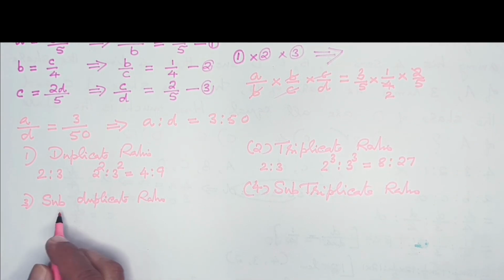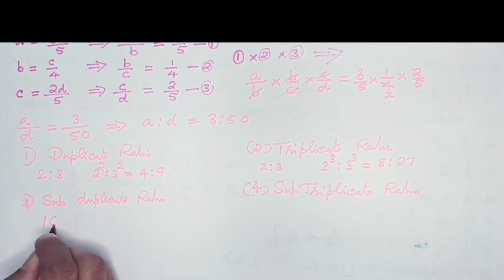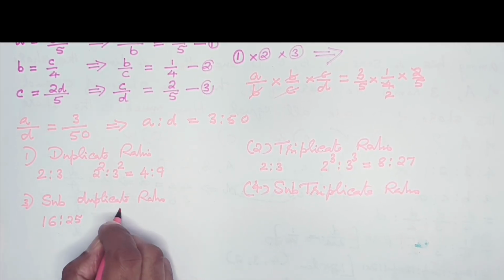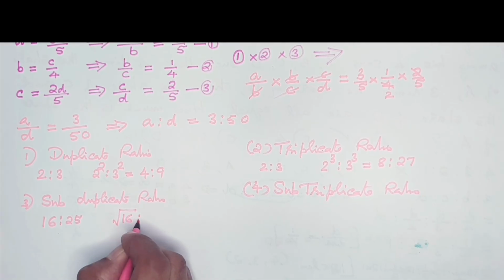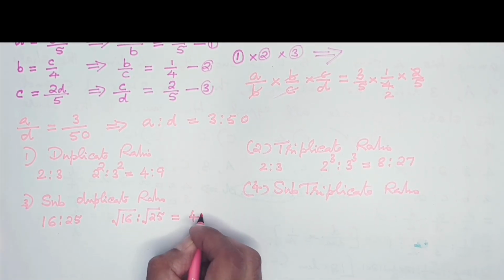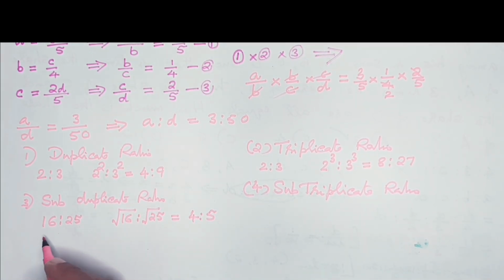Now the definition of sub-duplicate ratio. Let me write a ratio like this, say 16 is to 25. Now to get the sub-duplicate ratio of this, take the square root of 16 and the square root of 25. That's equal to 4 is to 5. So 4 is to 5 is the sub-duplicate ratio of 16 is to 25.